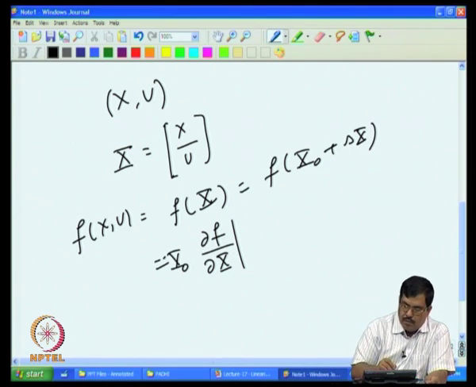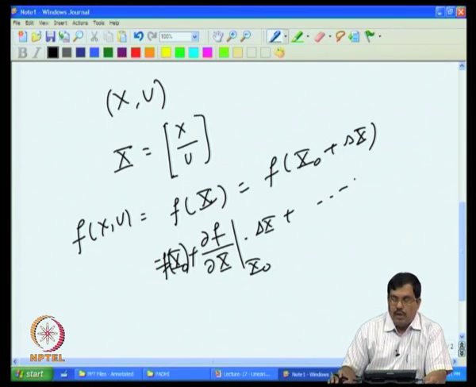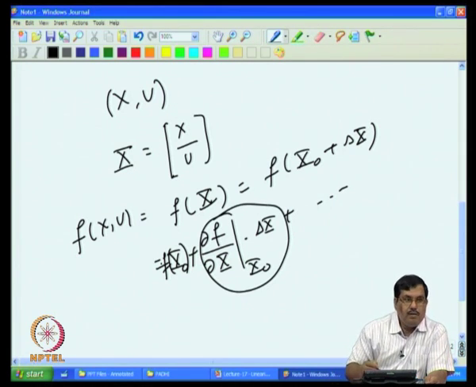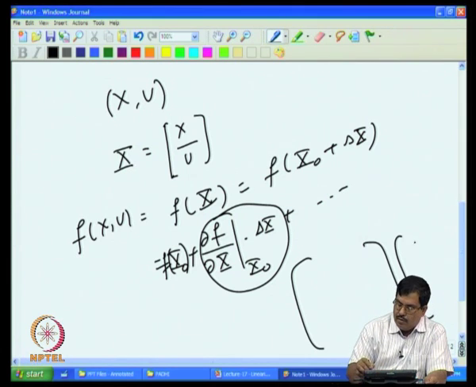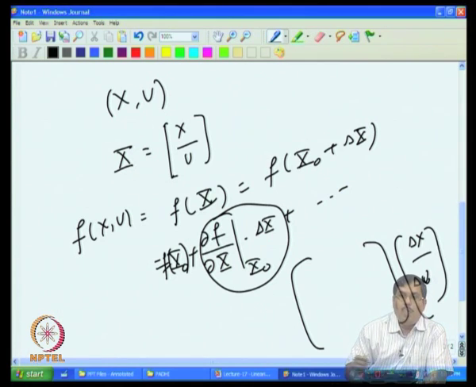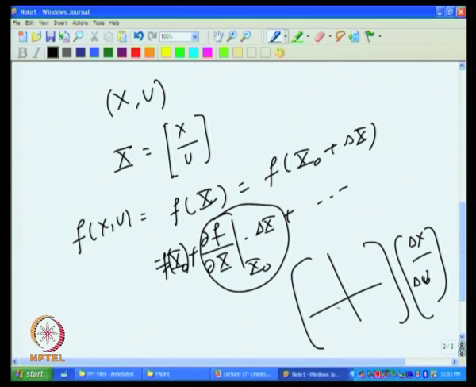So, this is obviously f of x 0 plus this one evaluated at x 0 times delta x, things like that. And then this term results in a big vector, which is nothing but delta x first and delta u next actually. Right, and x and u are decoupled terms. So, if you see this partition matrix, something is here, nothing will be there actually. So, this particular term will get coupled with delta x and this second term will get coupled with delta u, in the partition sense. So, that is how you will get the other one actually.